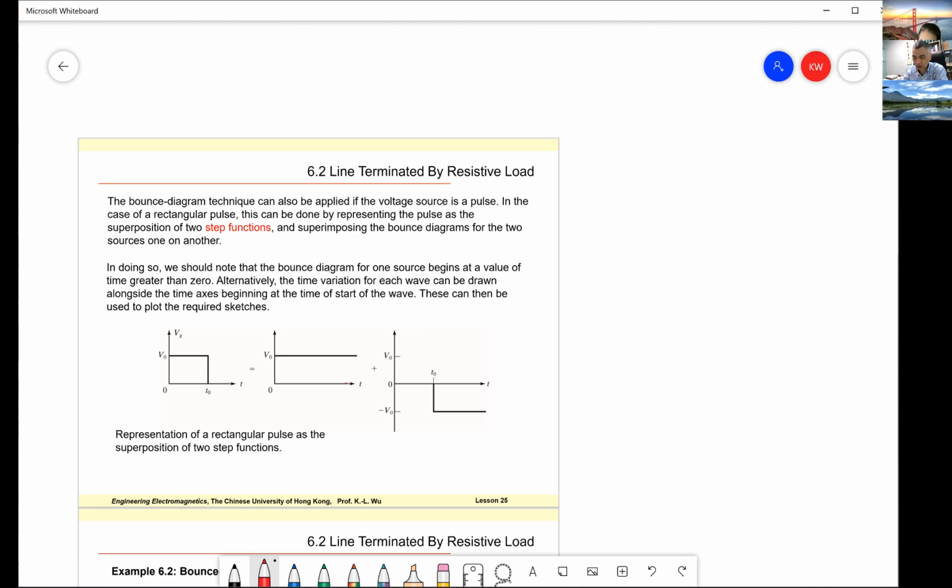One step function is turned on and kept on all the time, and for the other we wait for a period of t0, then turn on a reverse voltage, a negative value of V0, and leave it on all the time. Then you can imagine 1 plus 2 equals 0.